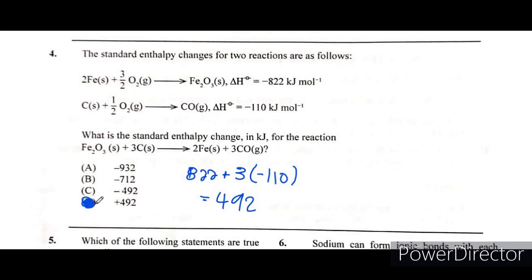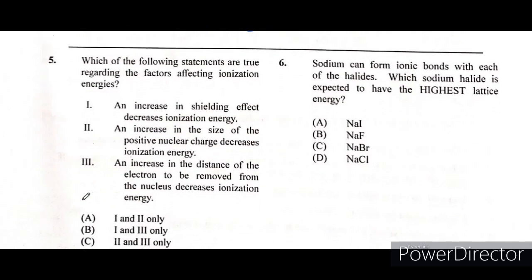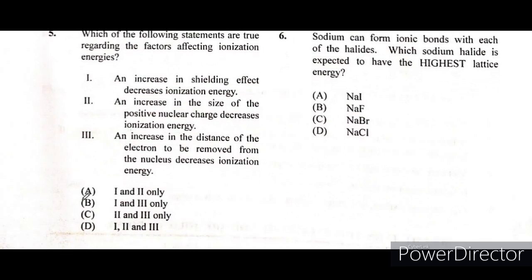Alright, number 5 says, which of the following statements are true regarding the factors affecting ionization energies? Number one here, the first option says, an increase in shielding effect decreases the ionization energy. I believe so. An increase in the size of the positive nuclear charge decreases the ionization energy.